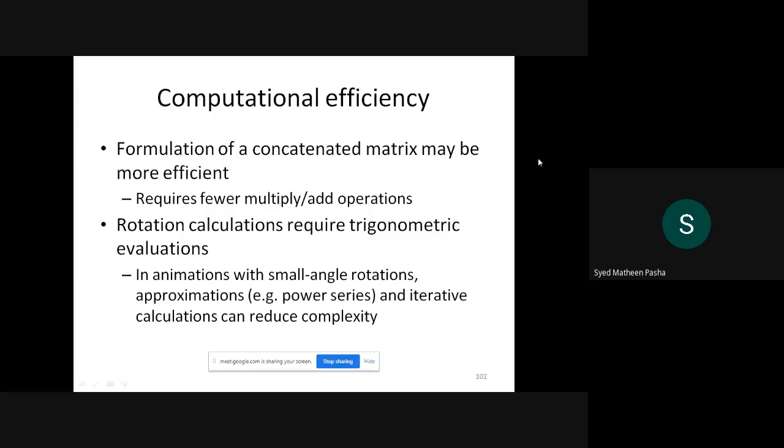If I ask it generally, what do you mean by efficient? If I say some particular model is efficient, what does it mean? Anyone from the class, what do you mean by efficiency?